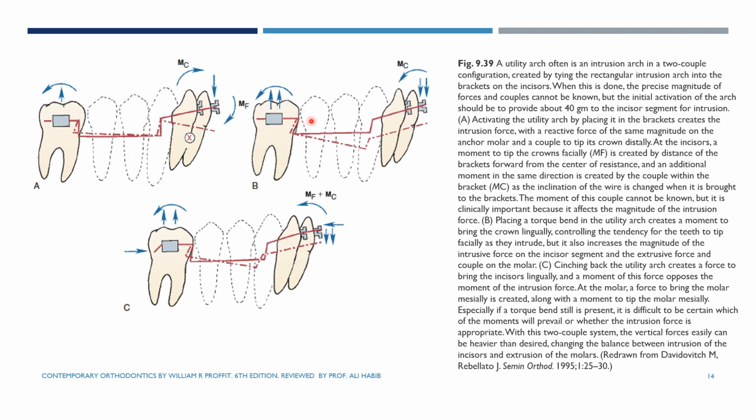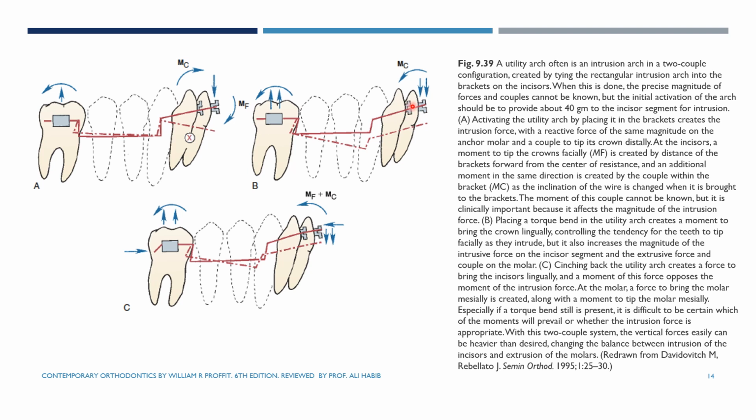Okay, then people attempted to prevent flaring, because there will be a flaring effect, proclination of incisors, which is sometimes undesirable. People attempted to solve this problem by applying lingual crown torque. When we say torque here on the incisors, we should distinguish between two.